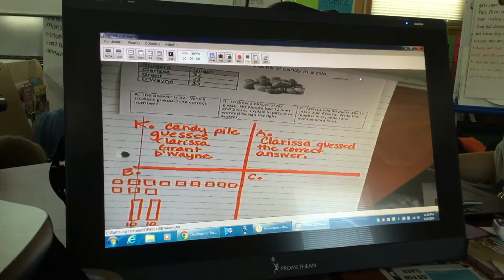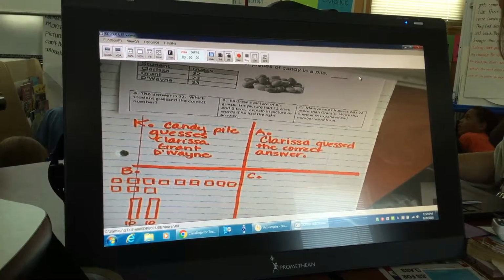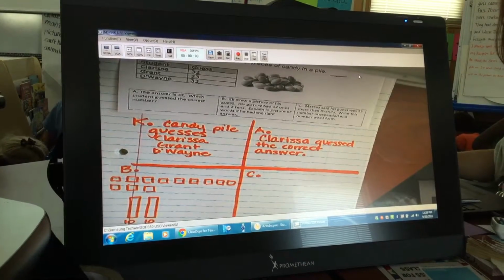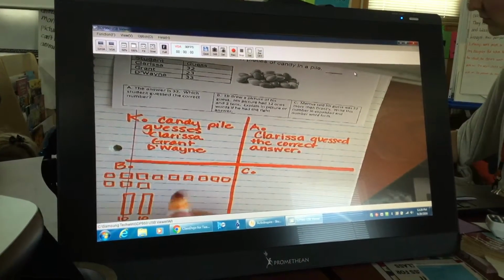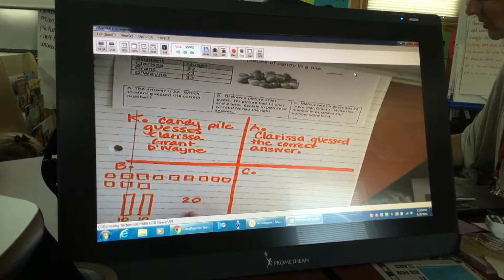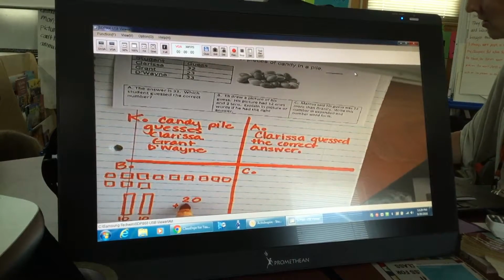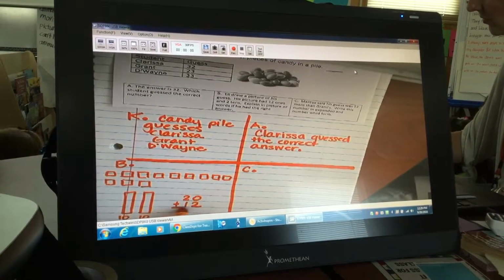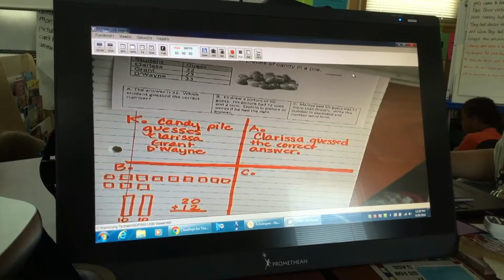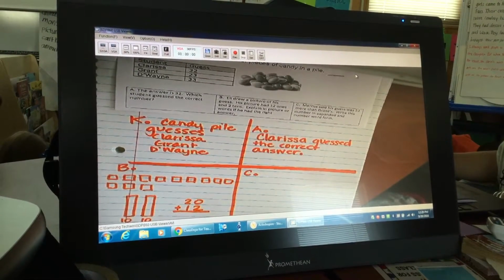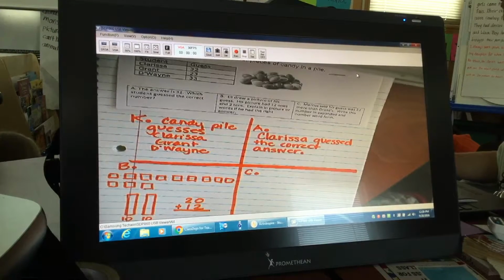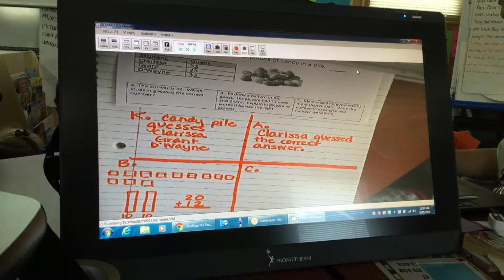10 plus 10 is how much? 20. And then we've got 12 more. We have to see if 20 plus 12 is going to equal 32.